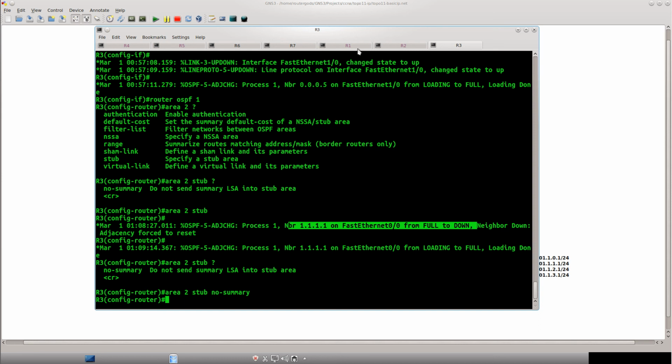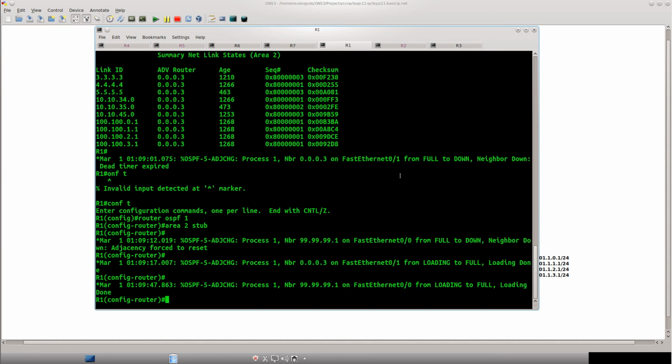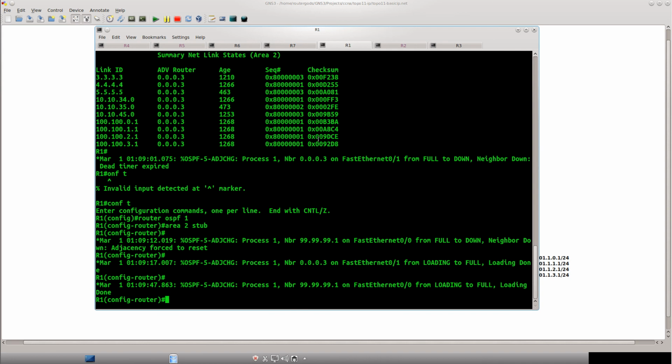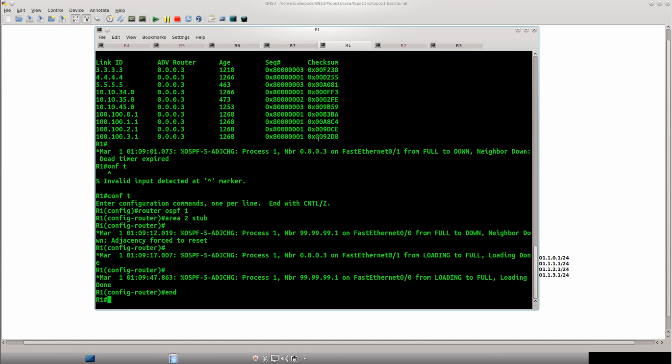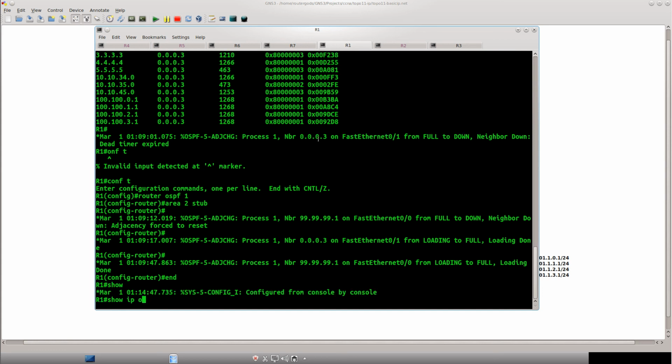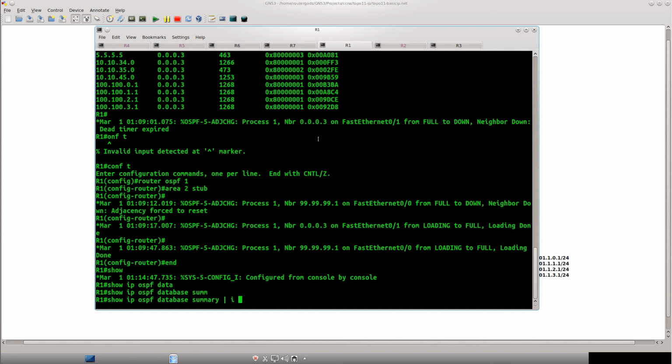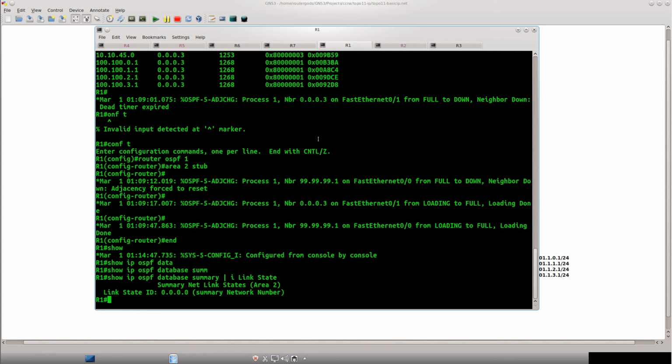Go back to router 1 or 2. Or actually go back to 1. Router 2's debug is still going. So now if you show IP OSPF database summary, pipe I link state, you got 1. Default route only.